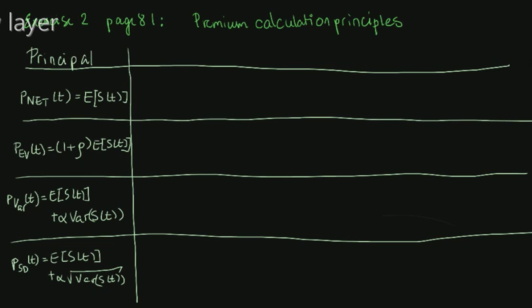Now let's try to look at the next requirement that we require. It may take a little bit more work. The next requirement is called consistency. And what does consistency require of the premium principle?